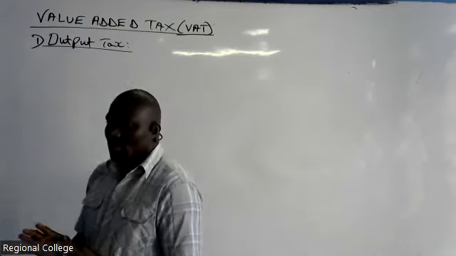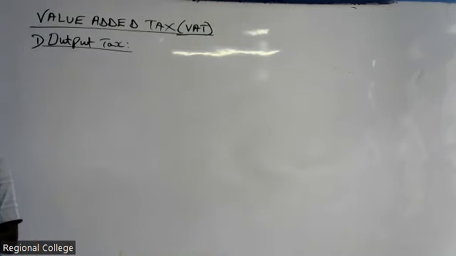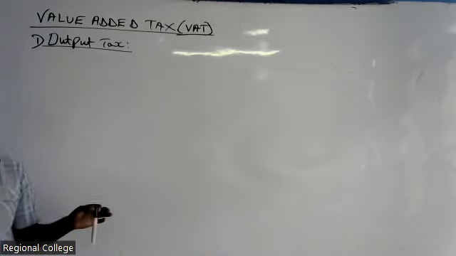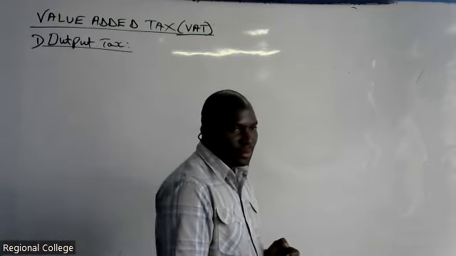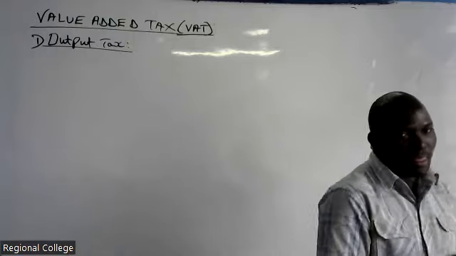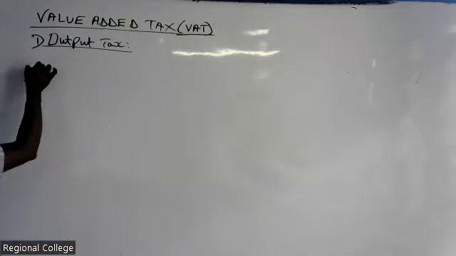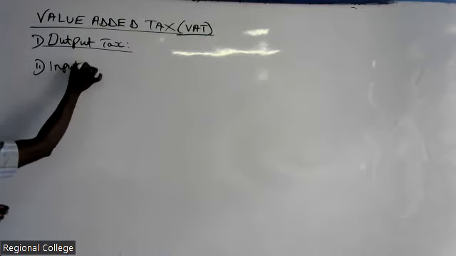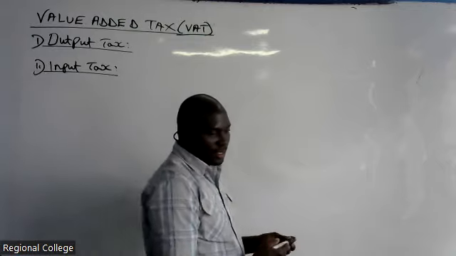So my point is always, let us know why and when it is 0% instead of giving many examples, so that we get something of that nature and know how to deal with it. Number 2, input tax.